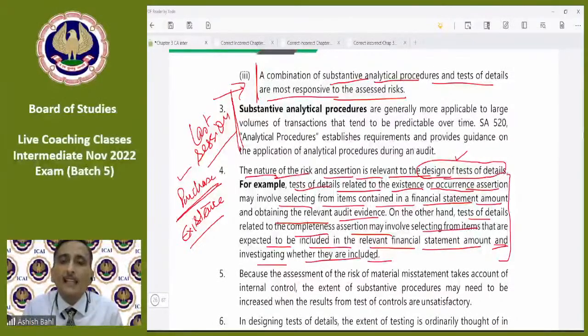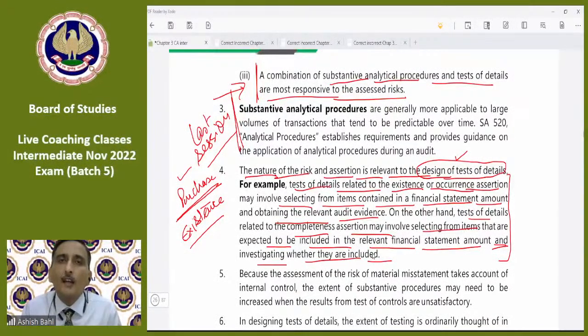He would be selecting the items in a different way. If he wants to check the completeness assertion, whether all the purchases which needed to have been included have been included, then he would be selecting items in a different way.